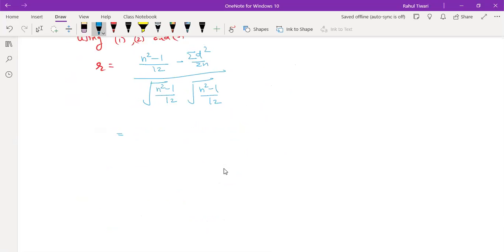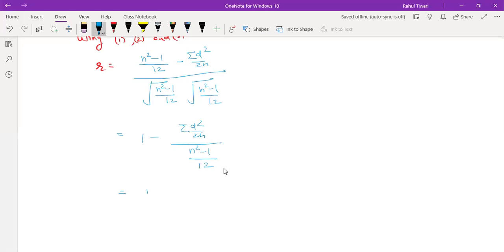You know, look here, this is 2 times. So the square root goes, and once you divide this quantity by this, it is going to be 1. So 1 minus this term, summation d square upon 2n, divided by n square minus 1 upon 12. So this gets cancelled, so this becomes 6.